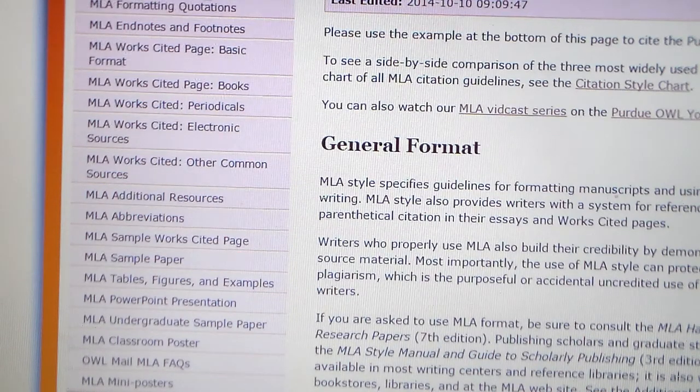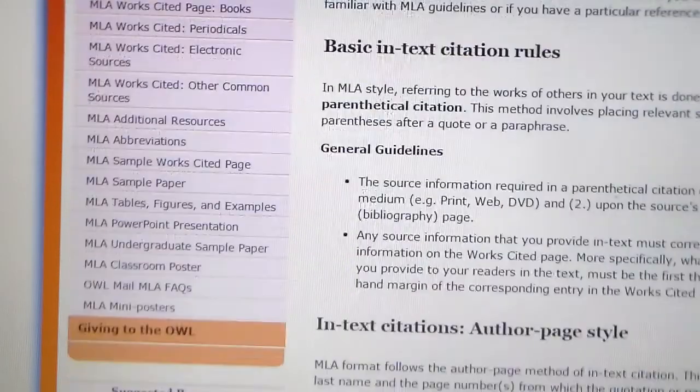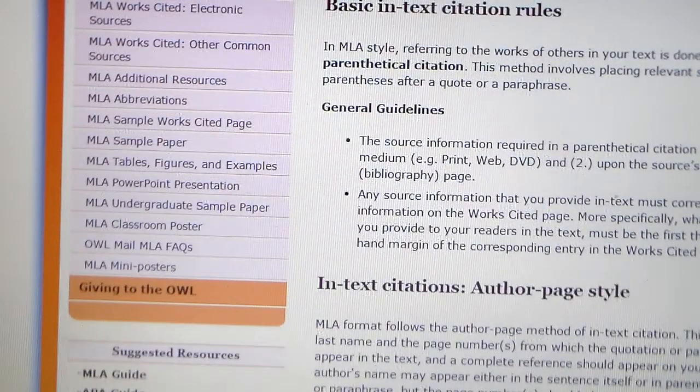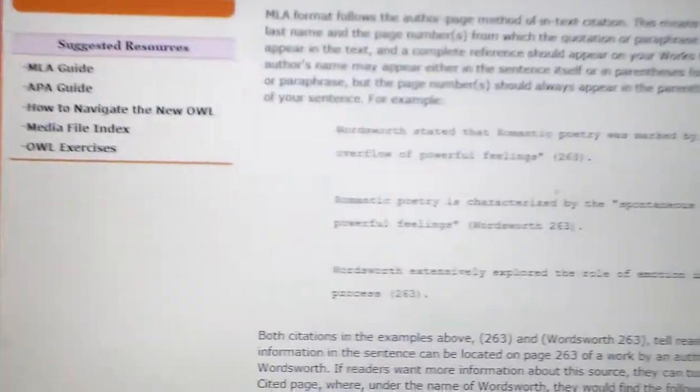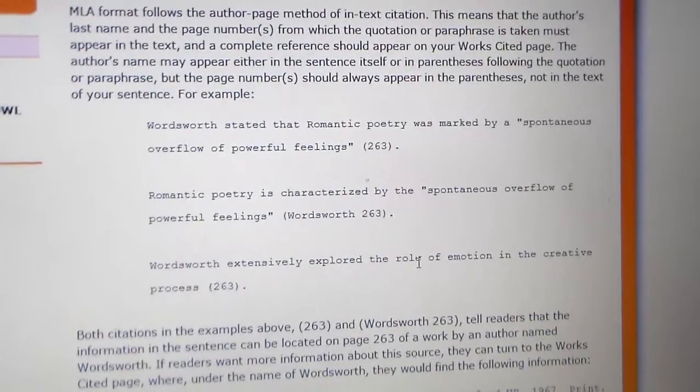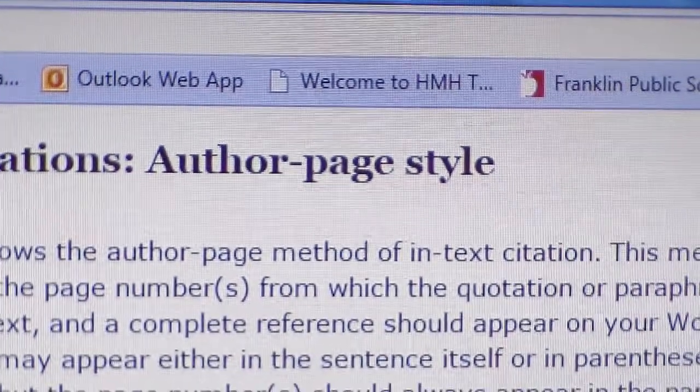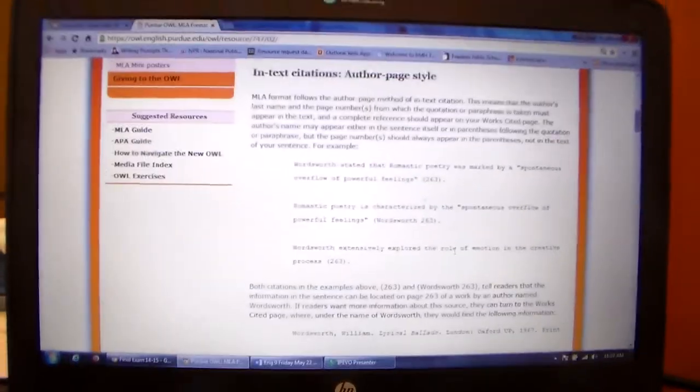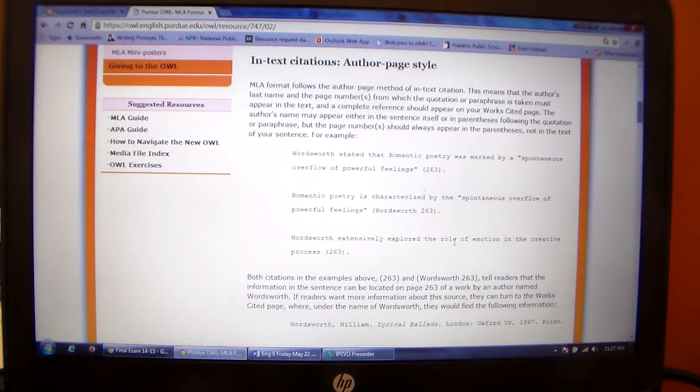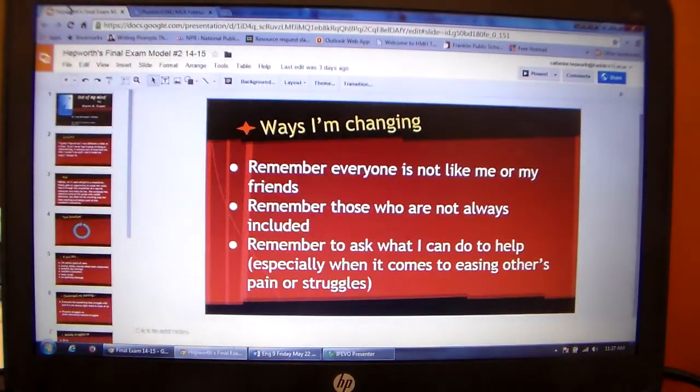You can also go to the basics. Oh look, there it is. Author page style. Remember, you are graded on correctly formatting your citation, so please make sure that is done correctly.